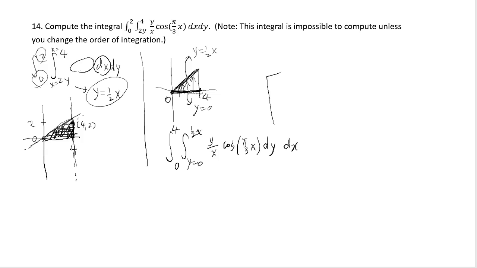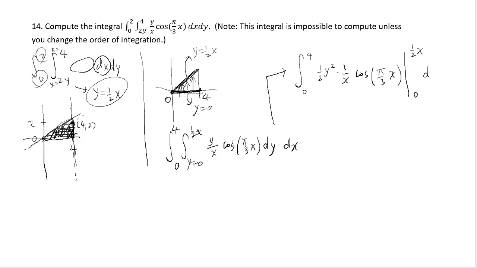Let's try to compute. If we integrate by y, this is an easy integral because y integrates to y squared over 2. So this becomes 0 to 4, 1/2 y squared times 1 over x cosine pi over 3 x. And then you have to plug in the endpoints 0 and 1/2 x.